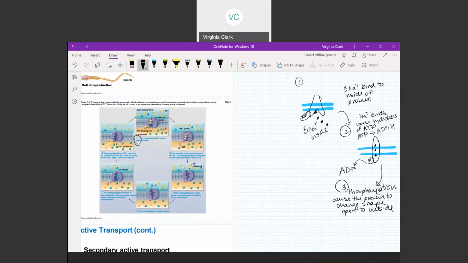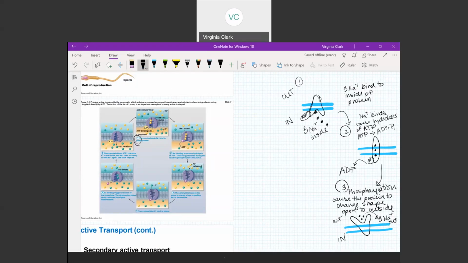You'll notice here, it's open to the inside, but now phosphorylation is going to cause it to open to the outside. So here's my plasma membrane, and here is my protein. It is open to the outside. But I had 3 sodium ions, which means I have released 3 sodium out of the cell.